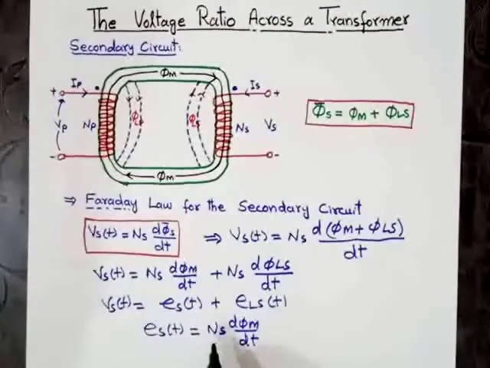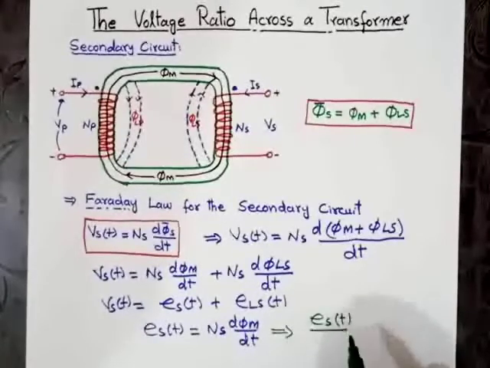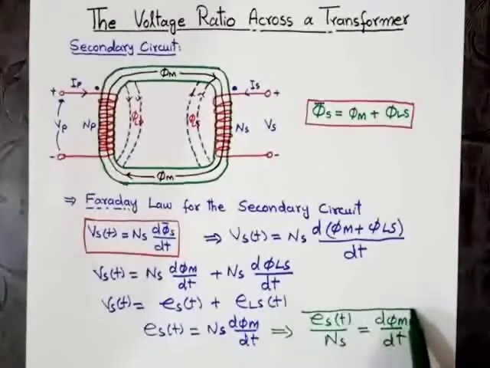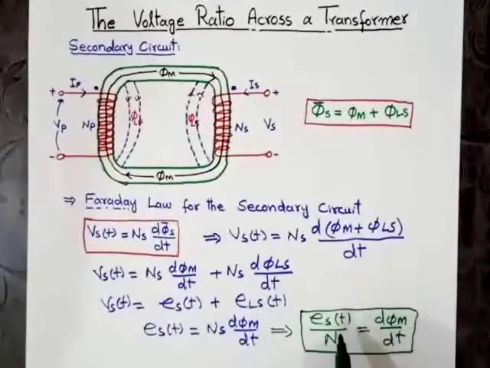If we take Ns to the other side, then this formula becomes Est over Ns is equal to dφm/dt. It means the actual voltage due to mutual flux gives dφm/dt equal to Est over Ns. So this is the secondary circuit equation.